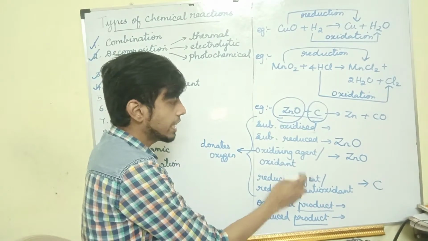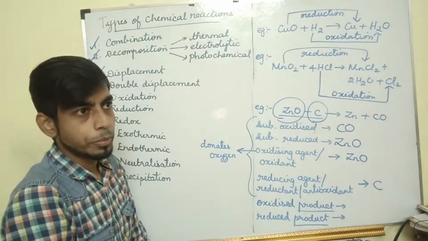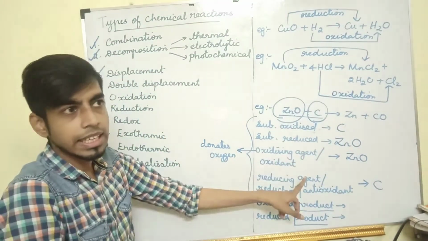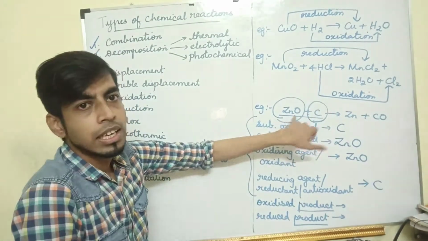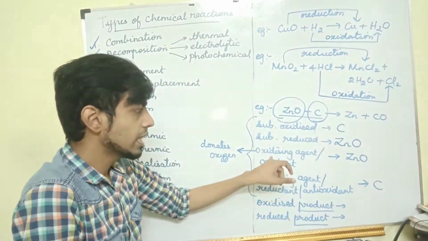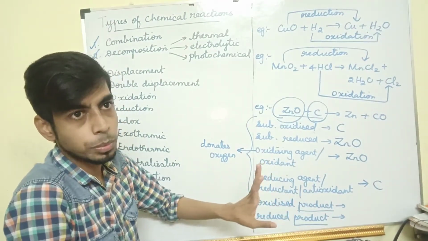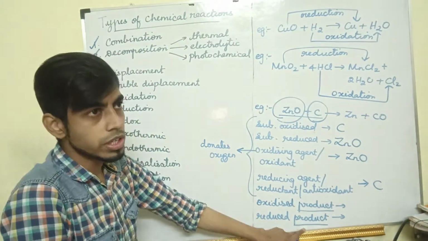Similarly, reducing agent and substance oxidized answer will be the same. Clear? So you should choose all these things from the reactant side only. So oxidizing agent or oxidant, you must know the other names also.